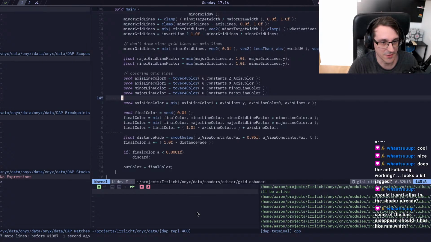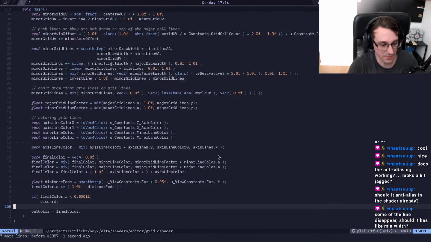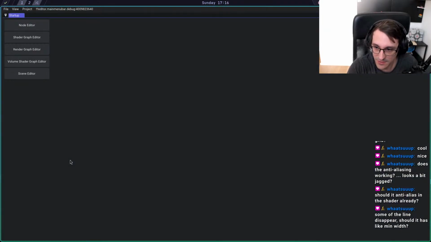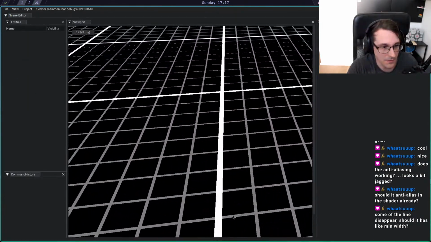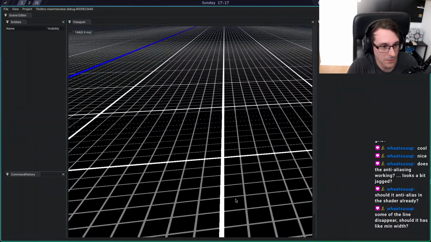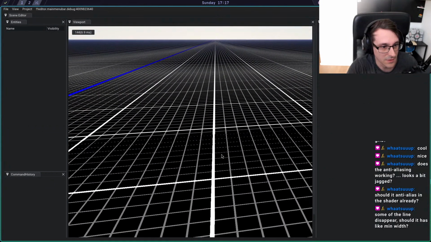But as it was not on the axis line, I don't think this makes a whole lot of a difference. Yeah. It doesn't, because they're still here.